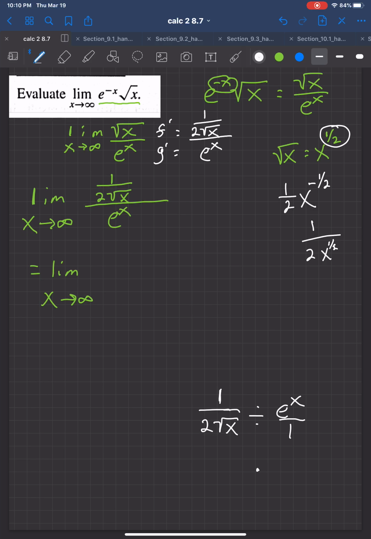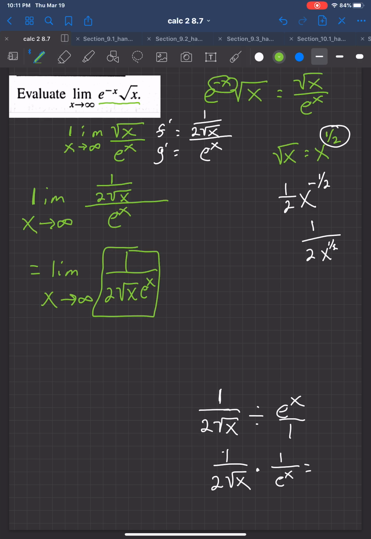We flip, we multiply, and now that allows me to rewrite this as 1 over 2 square roots of x times e to the x. Okay, so notice it's just some preliminaries, a little bit of algebraic manipulation to get it into a form where we can now use L'Hopital's rule.